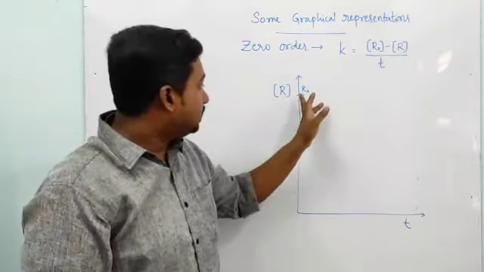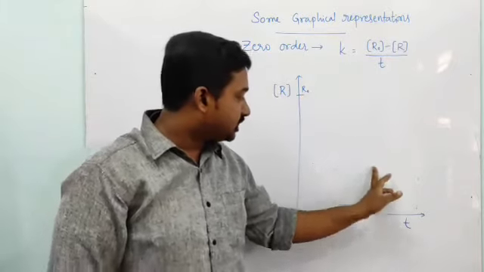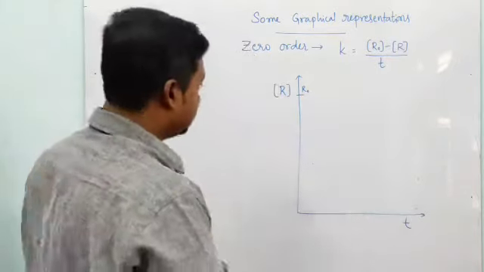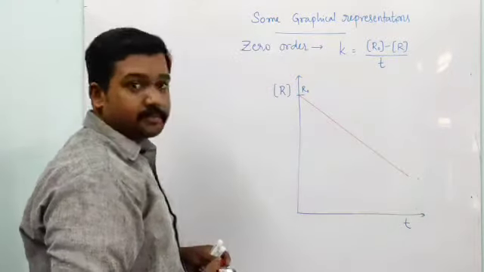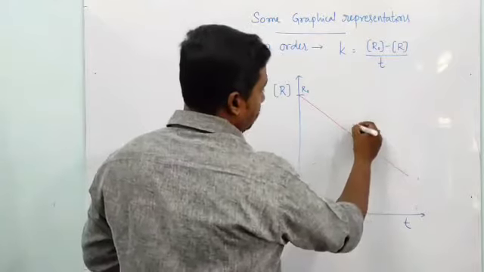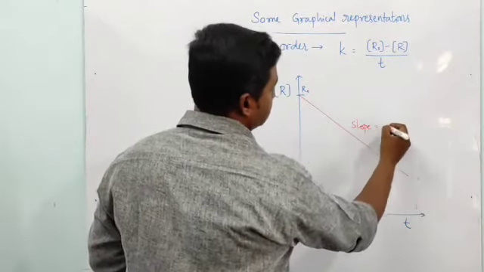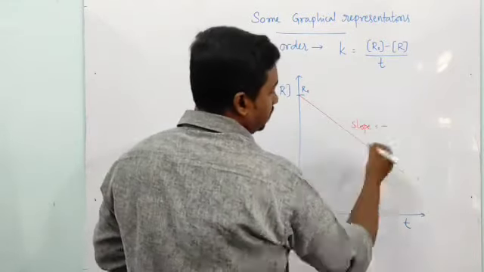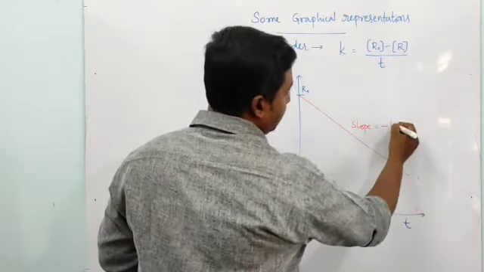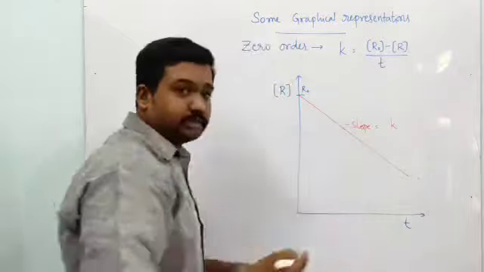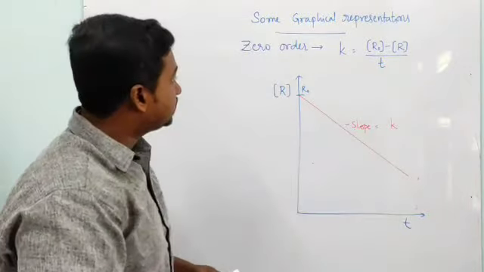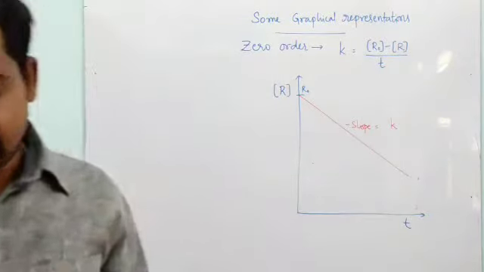So there will be a decrease in the concentration with respect to time, and I'll get a straight line sloping downwards. The slope of this will be negative, and k is equal to the negative slope. That's all. So this is the representation of a zero order reaction.